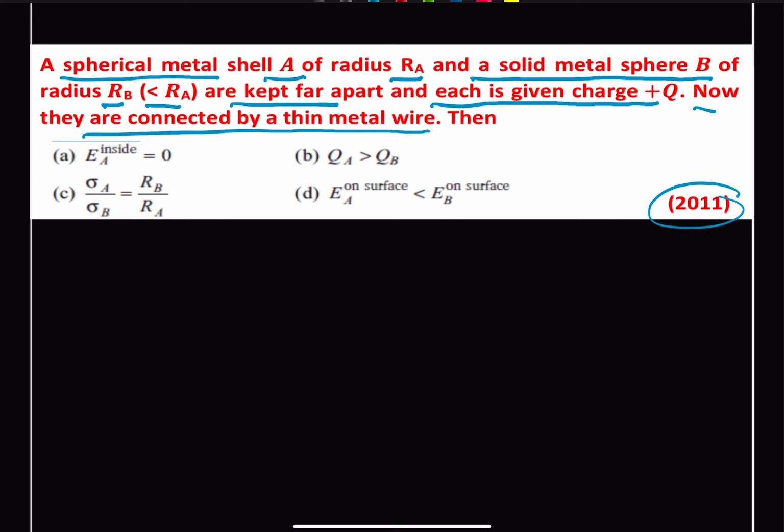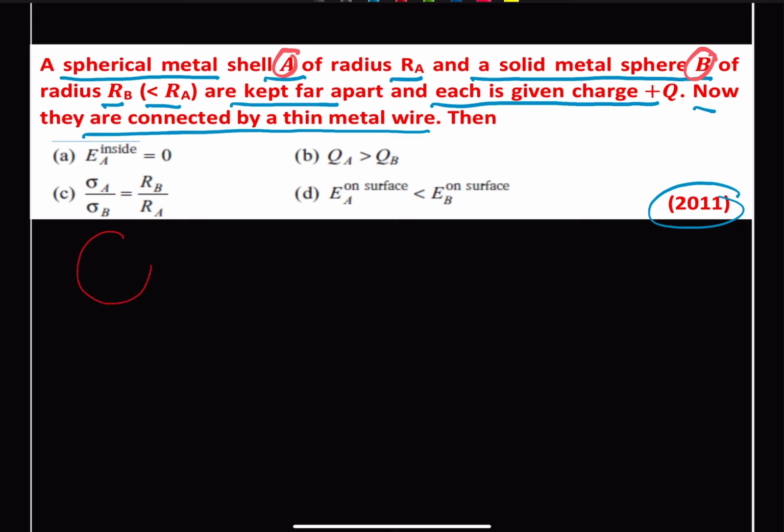And here we have a shell A and sphere B, and both have the same charge. So initially we have a metal shell.